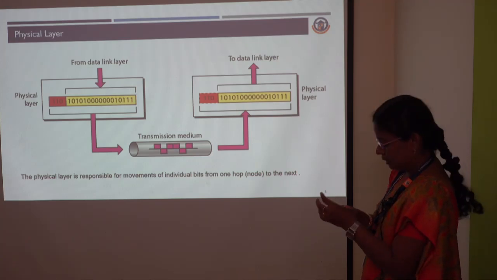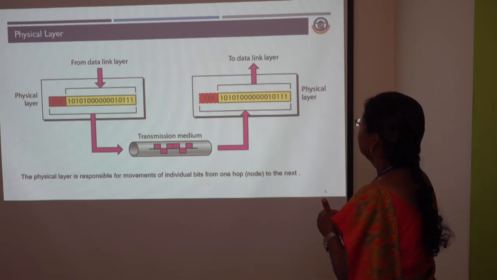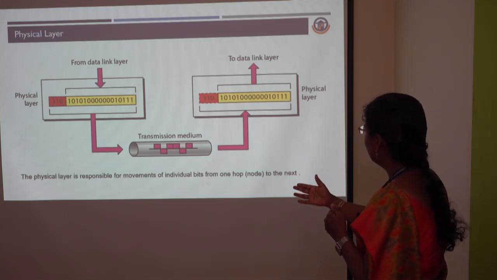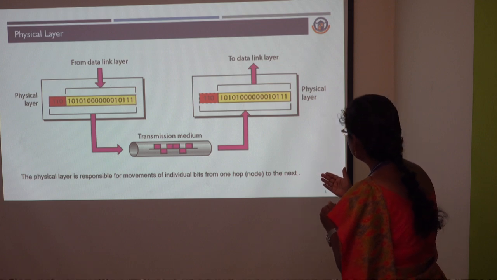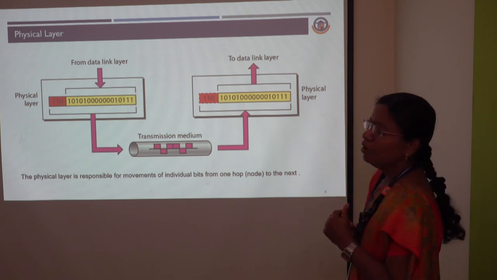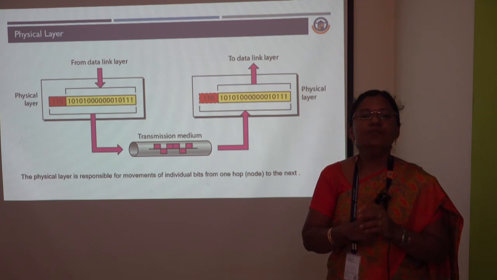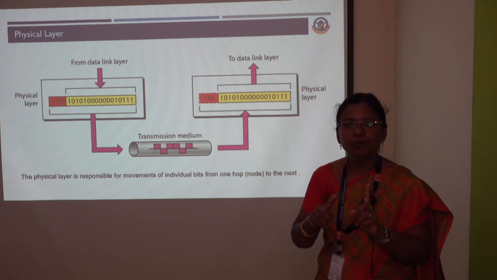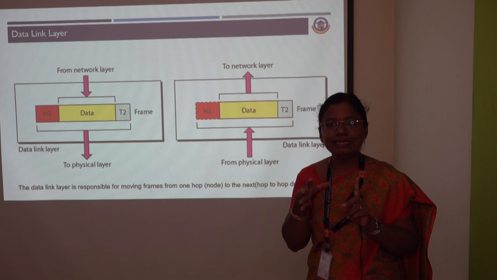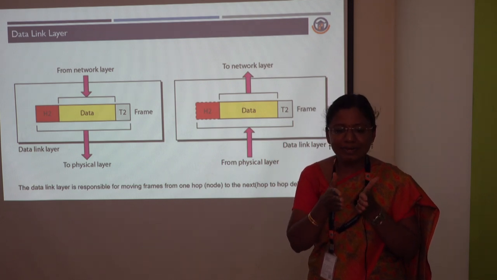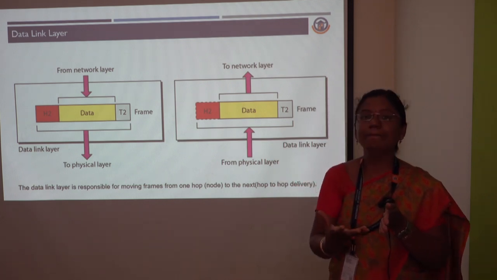First, we will briefly discuss the physical layer. This layer is responsible for movement of individual bits from one hop to the next hop. Physical means it will always represent the medium.